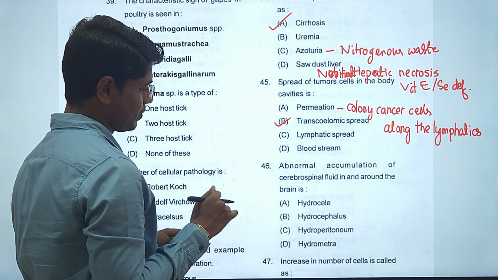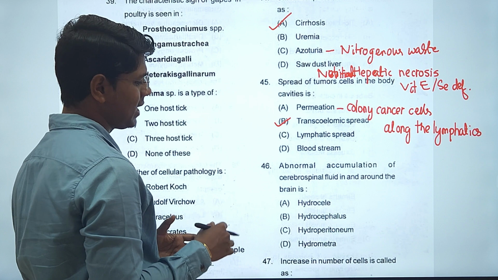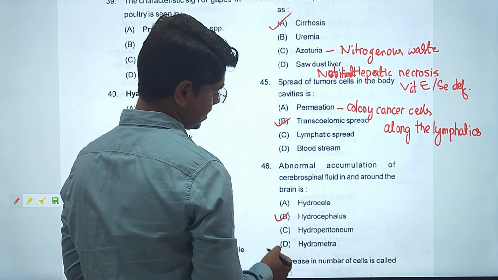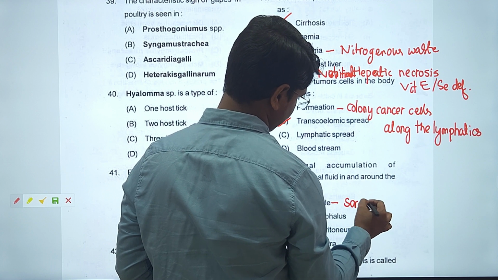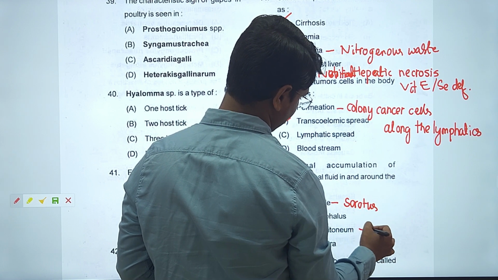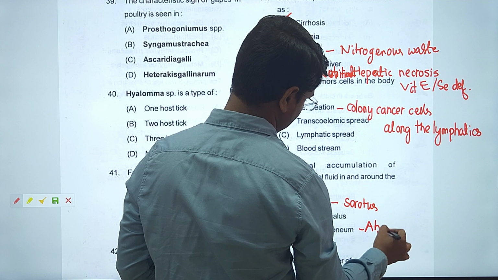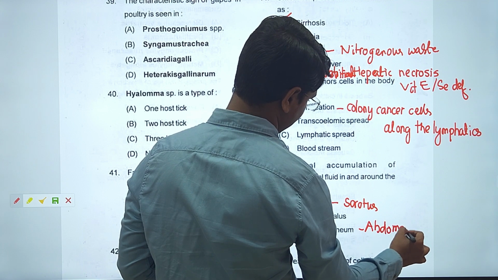Abnormal accumulation of cerebrospinal fluid is hydrocephalus. Hydrocele is basically accumulation of fluid in the scrotum. Hydroperitoneum, fluid accumulation in the abdomen. Hydrometra, fluid accumulation in the uterus.